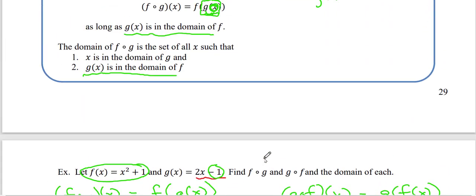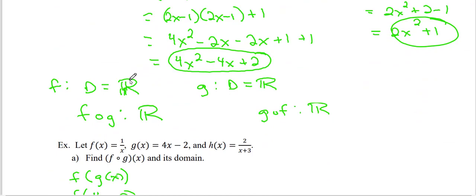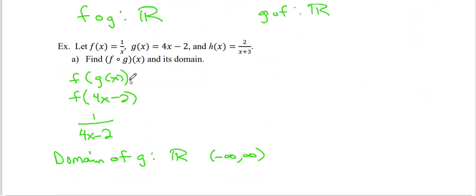The domain of f composed with g is the set of all x such that x is in the domain of g, so the inside function, and g of x is in the domain of f. What that means is if anything had to be excluded from g, we'd have to exclude it in the composition.